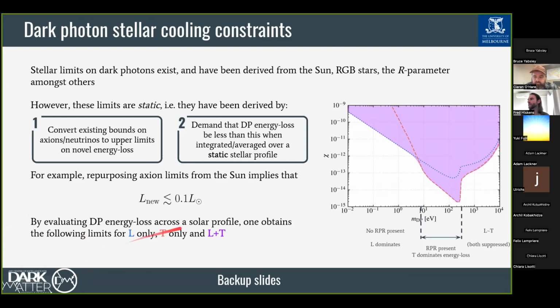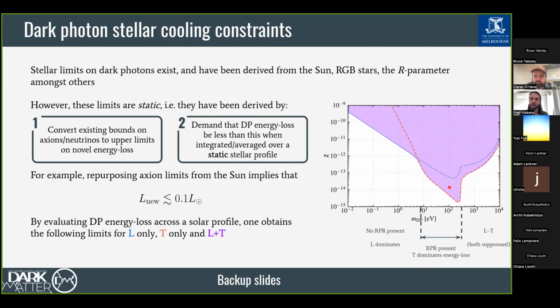So the typical shapes that these bounds have are kind of like this, a prototype of what they look like. In red is the bound you get from the sun, and it's quite a straightforward one. In red, you have the limit you get using transverse energy loss only. In blue is using longitudinal energy loss only, and then you can combine the two, obviously. So the region here, where the transverse one is dominant, is precisely where you have a resonant production region within the sun.